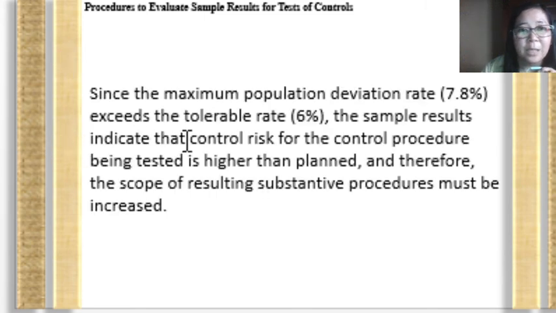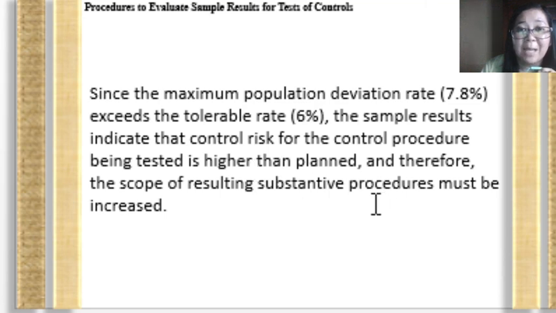To continue with our illustration, since the maximum population deviation rate is 7.8, while our tolerable rate is only 6%, what does this indicate? As we have mentioned, this indicates control risk for the control procedure being tested is higher. Therefore, the risk of material misstatement is high, because the maximum population deviation rate exceeds the tolerable rate.